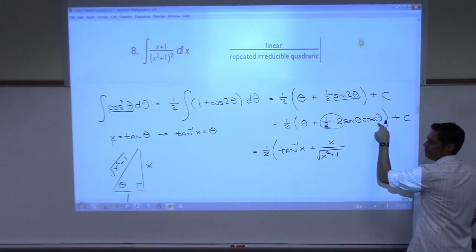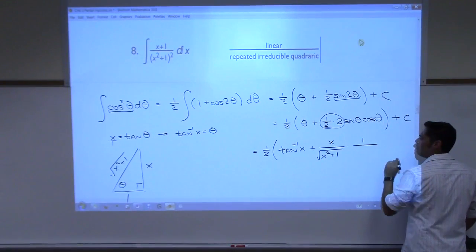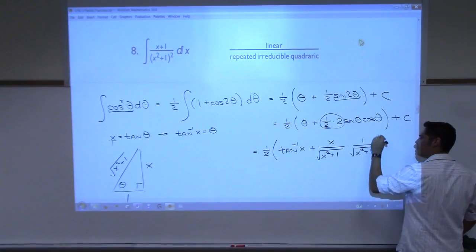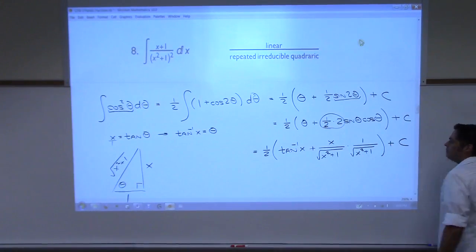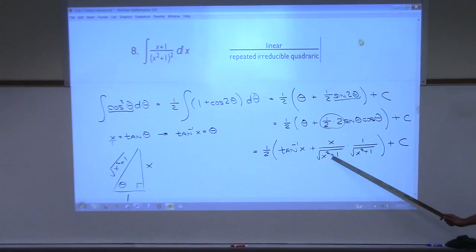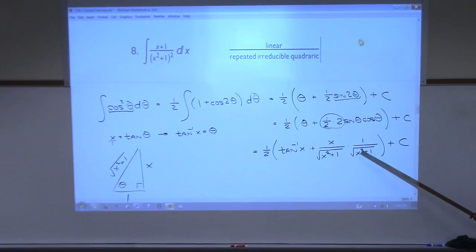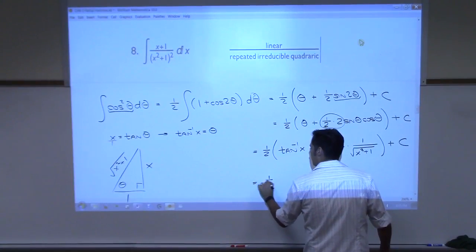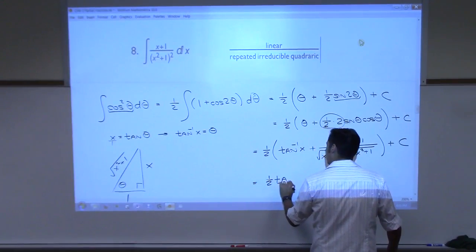Cosine theta, adjacent over hypotenuse. We can put these two together, right? Multiply across, the root times the root goes away. 1/2 gets passed through everything. And we're there. At least for this integral, we're there.